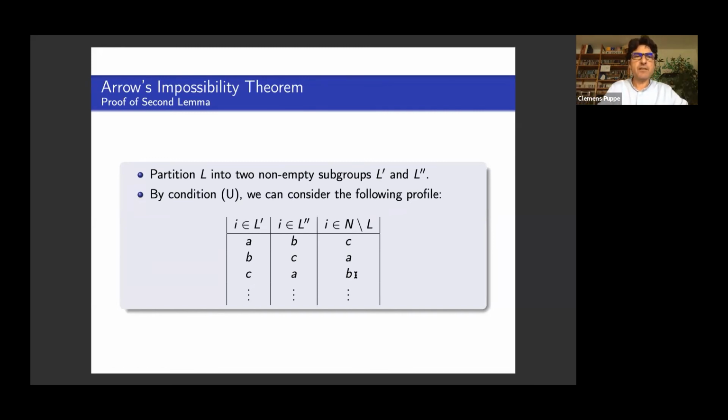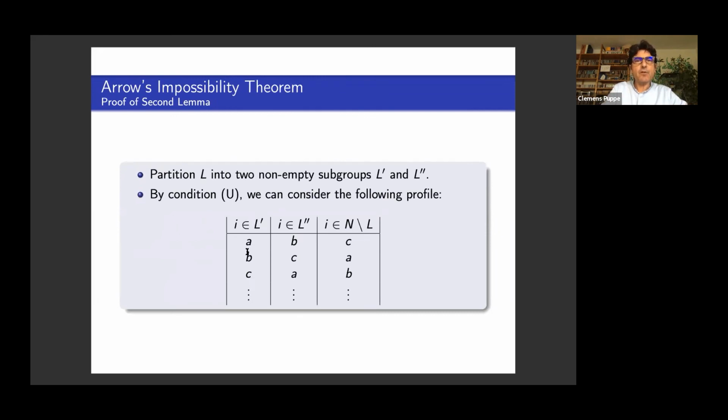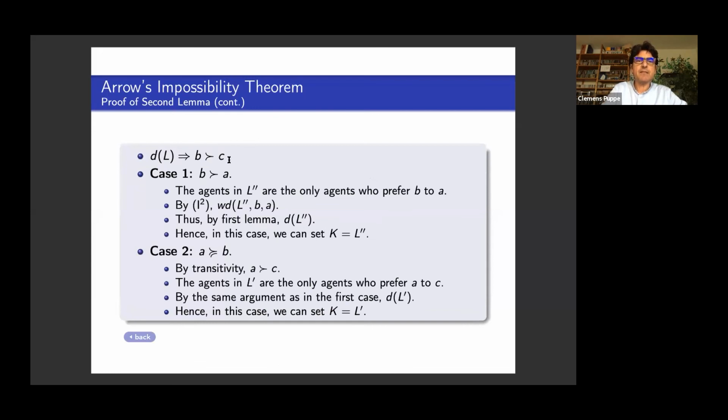We can consider this, no problem. By the decisiveness of group L, B must be better than C for the group, because both L prime and L double prime, they make up the group L, and they both have the preference B is better than C, right? So, for group L, we must have B is better than C.